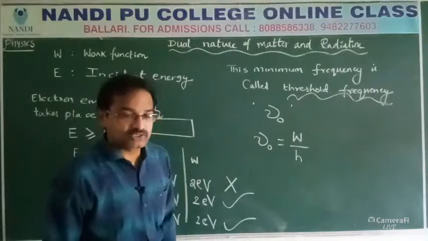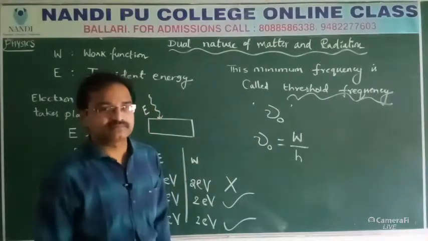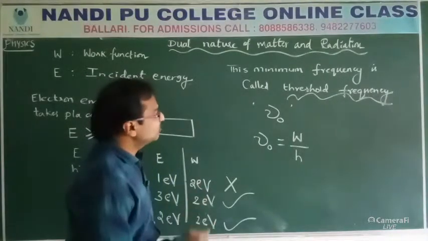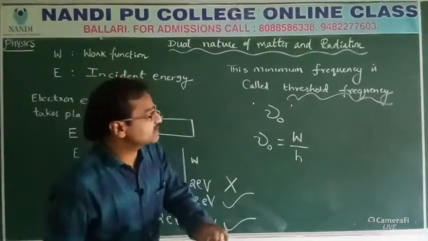We know W is work function, h is Planck's constant. Yes or no, children? So now what is the threshold frequency?